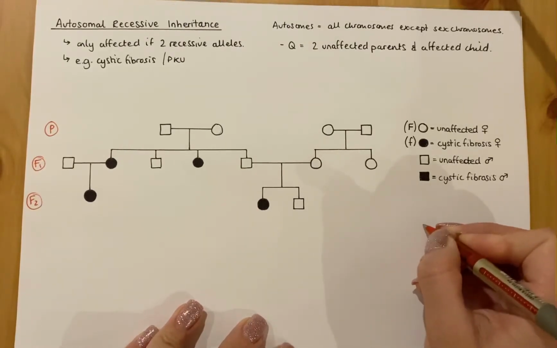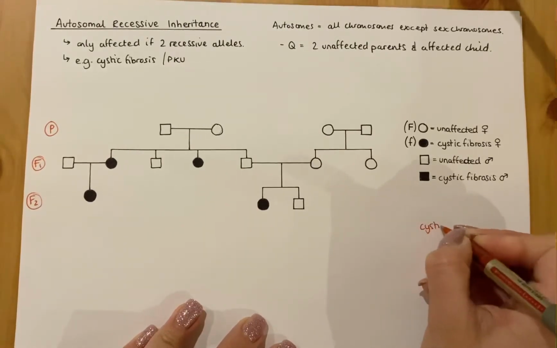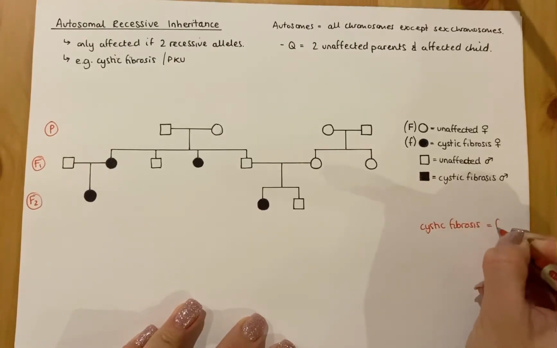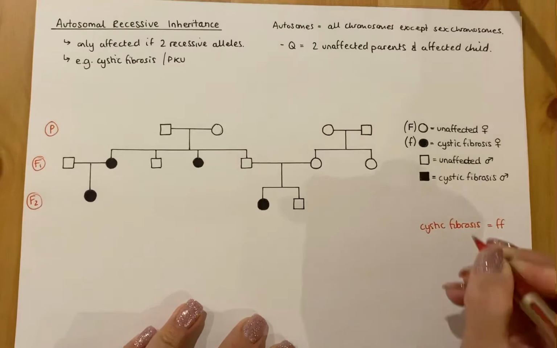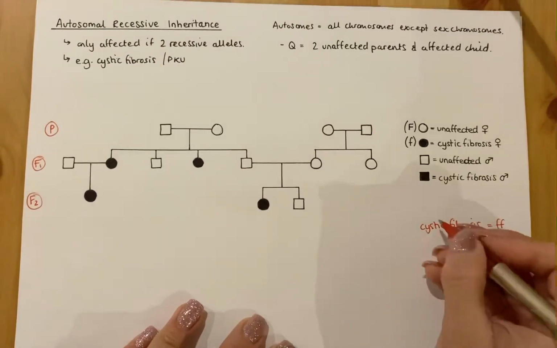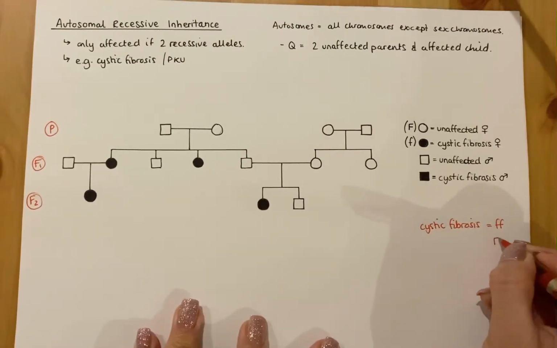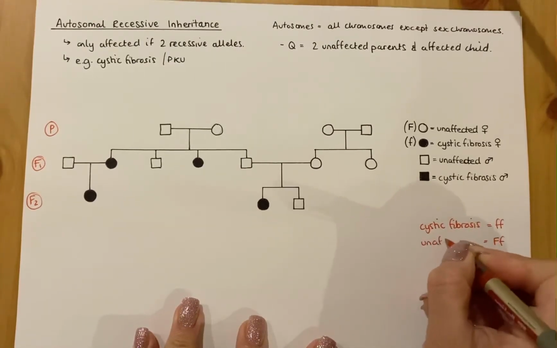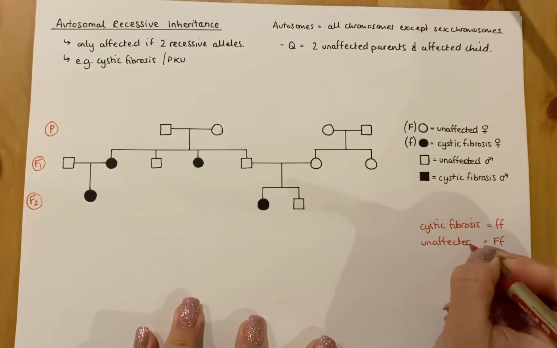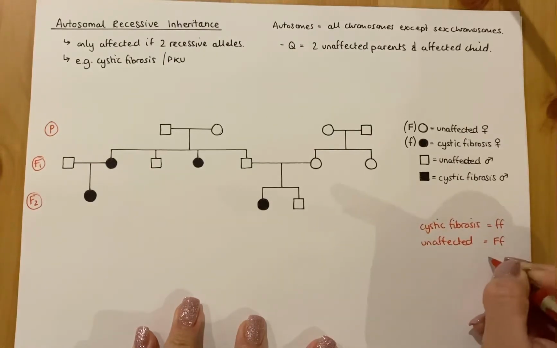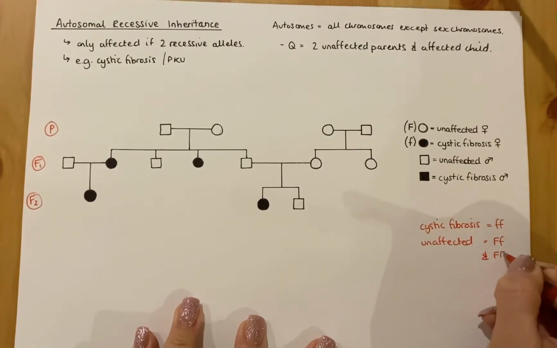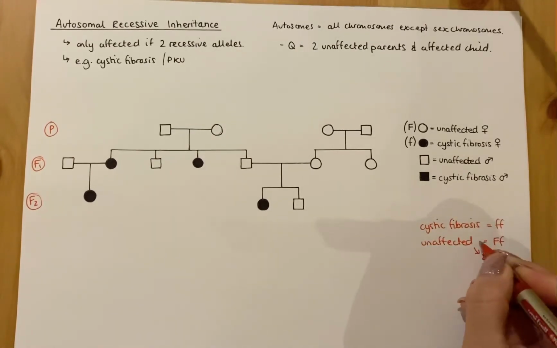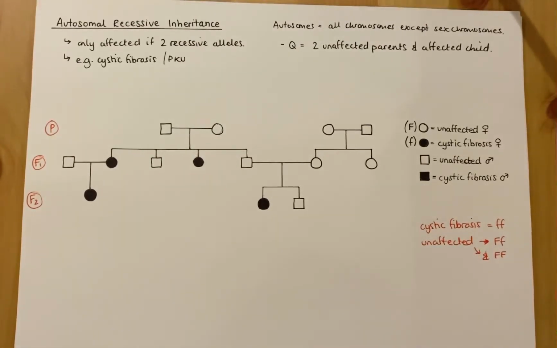So if a person has cystic fibrosis, they would have 2 small f's, and that's because this condition is recessive. If they had a capital F and a small f, they'd be unaffected, and they'd also be unaffected if they had 2 capital F's, so we're homozygous dominant. So each of those would be unaffected.